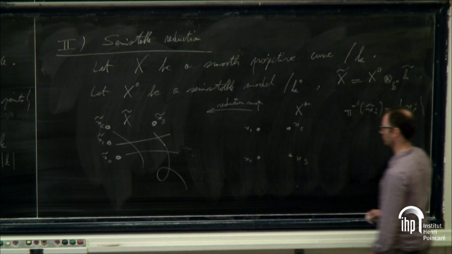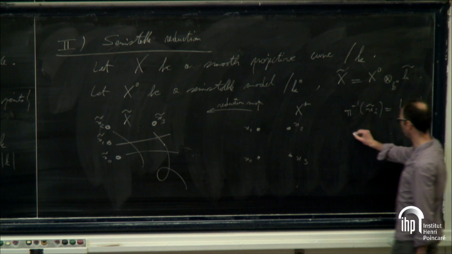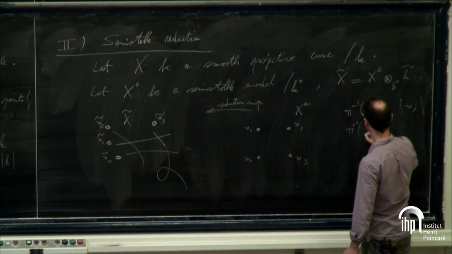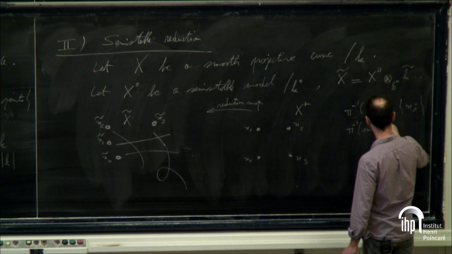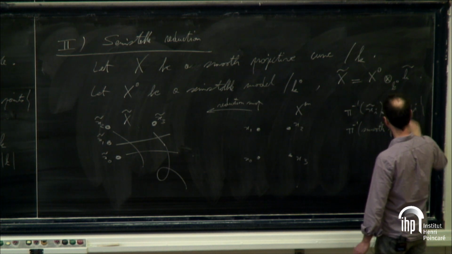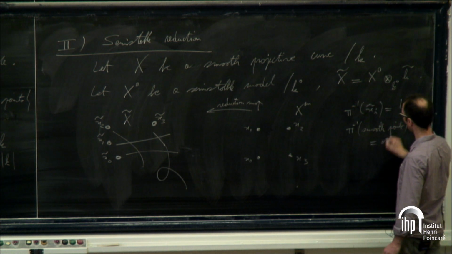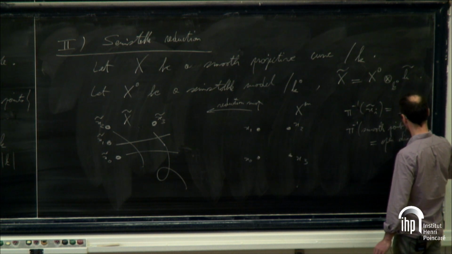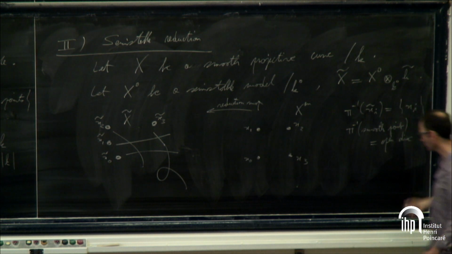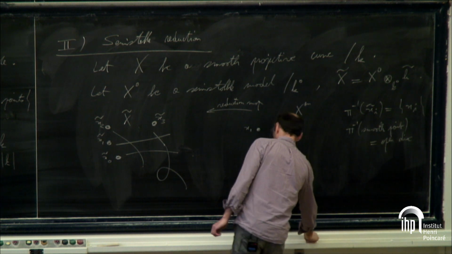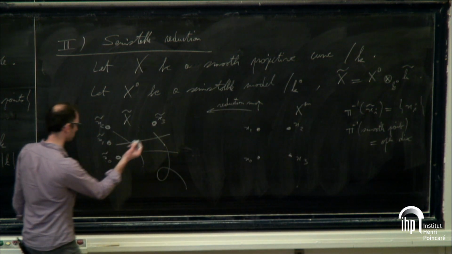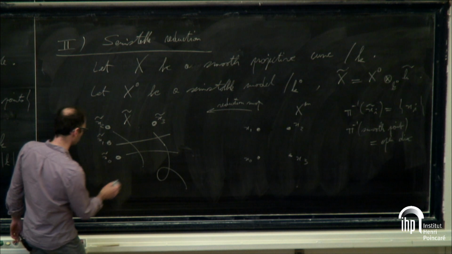Okay. And also you have many smooth points. And we know that the preimage of a smooth point is an open disk. So let me draw that in blue.